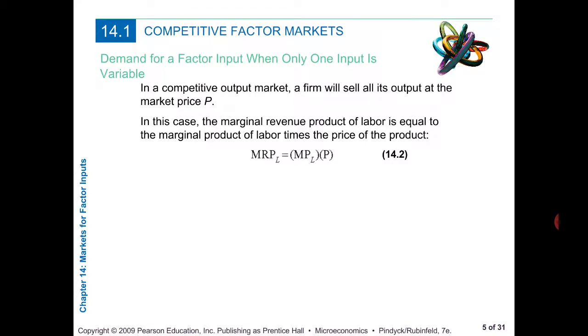Now, in a competitive output market, we have a unique situation where MR equals AR equals P. So in this case, MRP of labor equals MPL times P, where instead of just MR, this is replaced with P. On the other hand, if it is a monopolistic competition structure, then MR is less than P, because every time you want to add one more unit to be sold, you will have to reduce price, and therefore your marginal revenue declines more than the price.